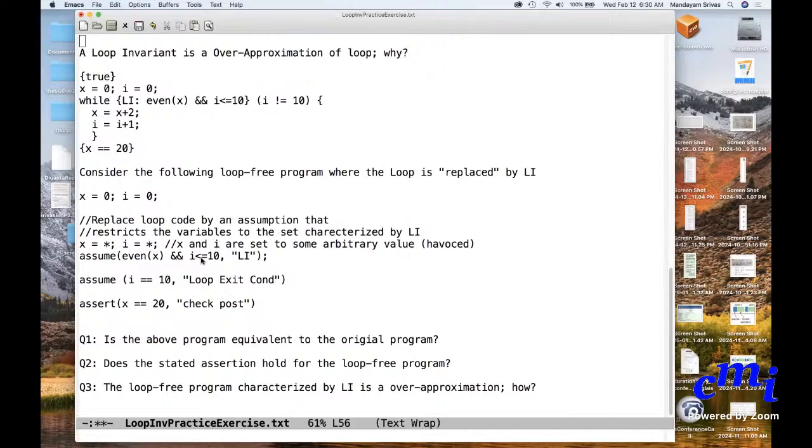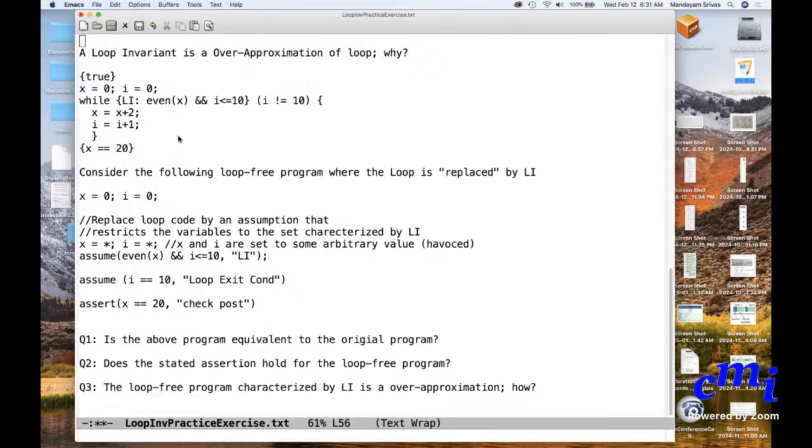A loop invariant, the way it is defined, includes all possible values that the program variables can take during all iterations of the loop.